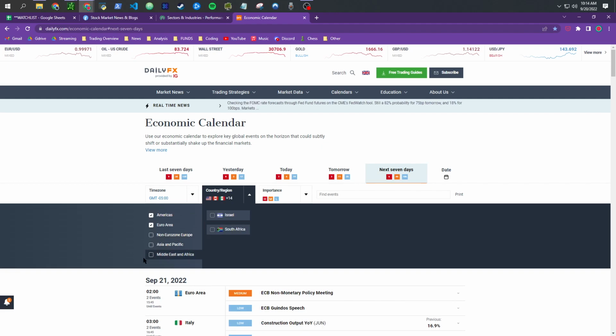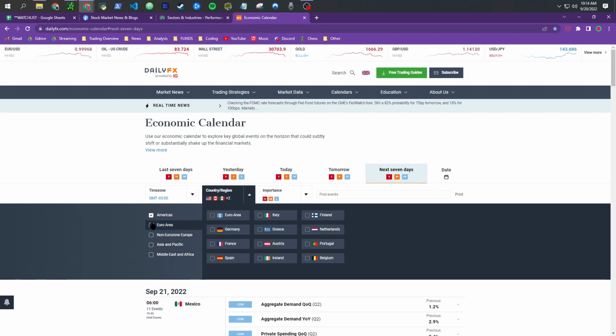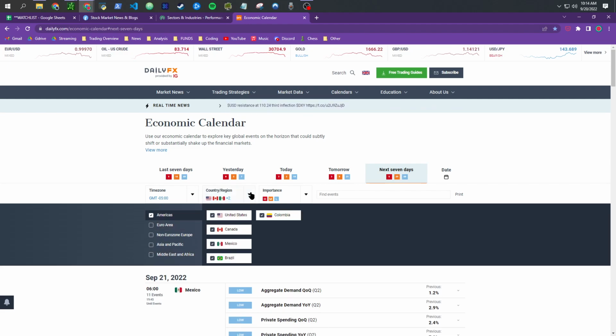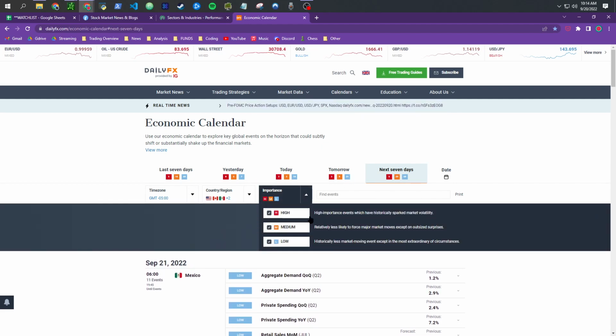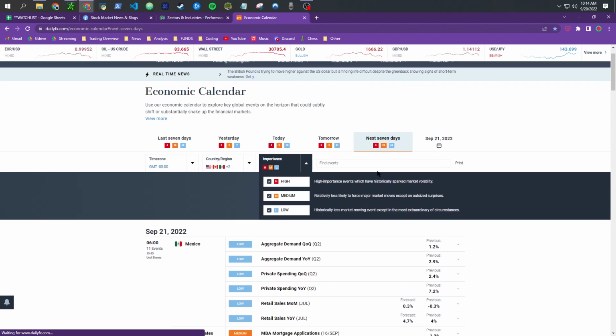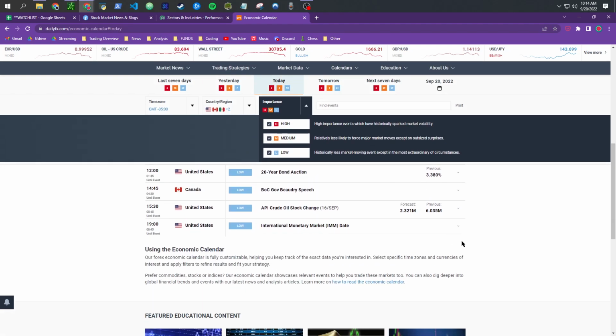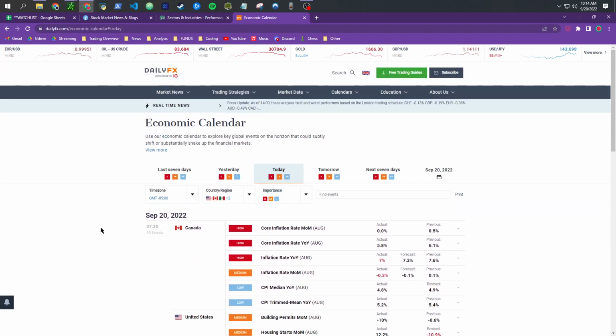I look at Japan, China, because I'm curious about those as potential investment areas, right? Or for example, Nintendo's my biggest holding, so I am definitely curious what's going on in Japan. But yeah, you can do all sorts of stuff. You can sort it by high risk, medium risk, low risk, or importance. And next 7 days, just specifically tomorrow. So yeah, it's a really handy website.